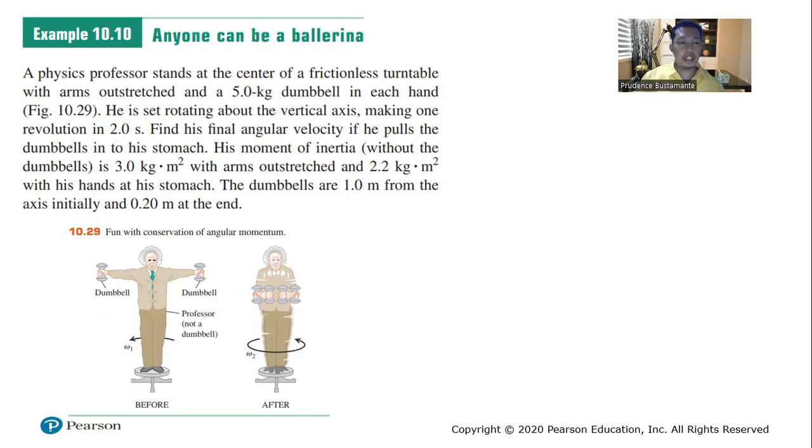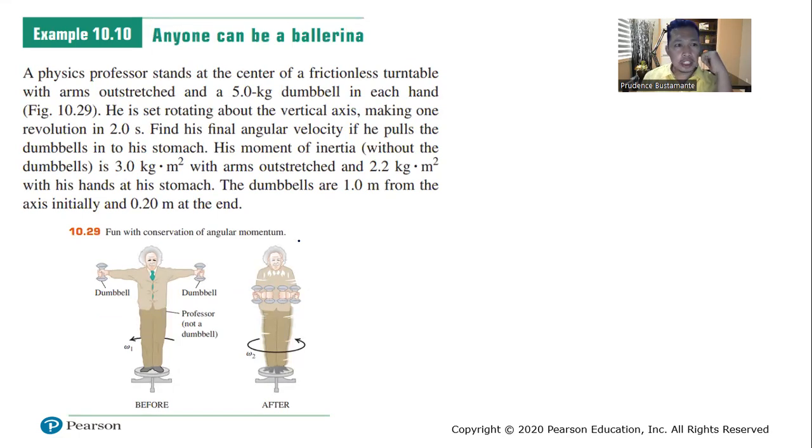So we have here a physics professor who stands at the center of a frictionless turntable with arms outstretched, with a 5.0 kilogram dumbbell in each hand. He is set to rotate about the vertical axis, making one revolution in 2 seconds. Find the angular velocity if he pulls the dumbbells to his stomach.